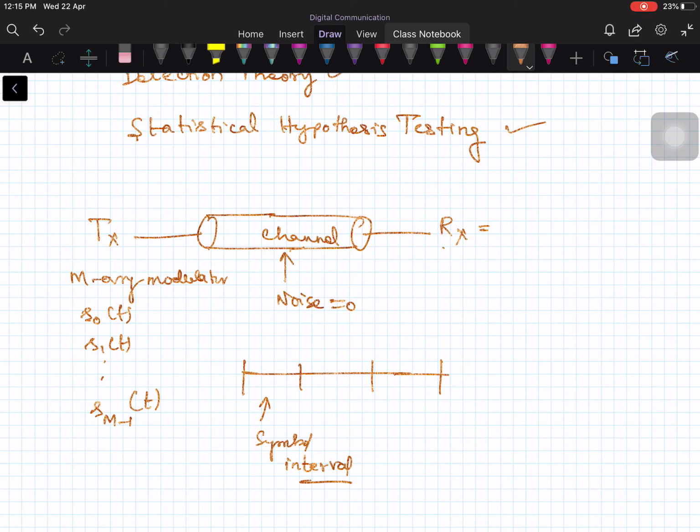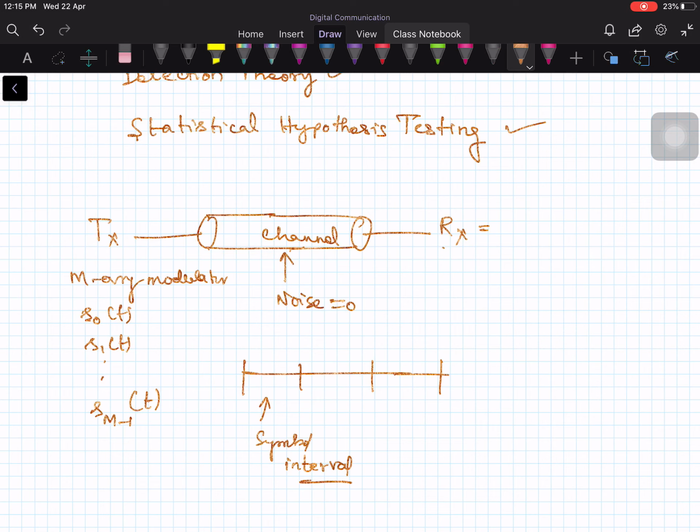Every symbol interval, you are transmitting different pulse shapes or different signals. So the received waveform in the absence of noise would be one of the possible set of waveforms defined by the modulator.